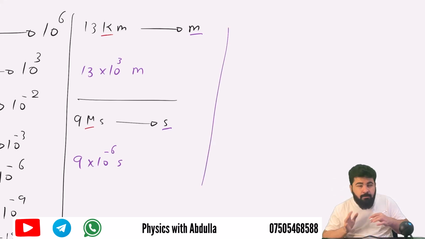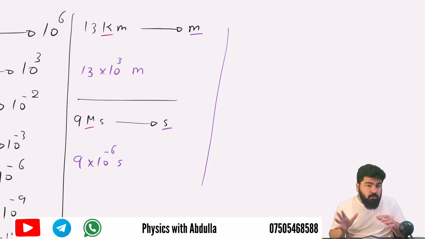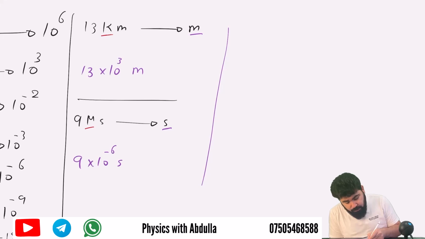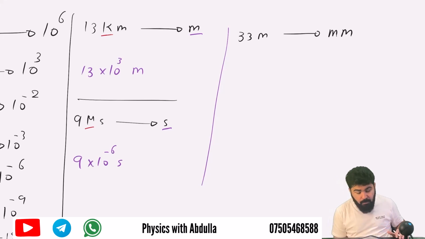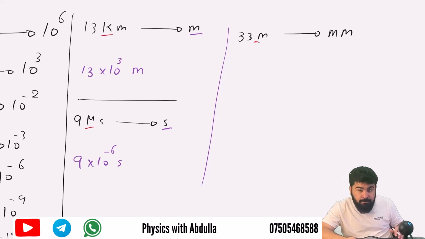What if it's the opposite way? What if this time we are asked to change a unit and put an SI prefix close to it? Okay, let's say you're asked to change 33 meters and change them to millimeters. Okay, how do you do that? So look, we don't have any prefixes here. It's meters alone.